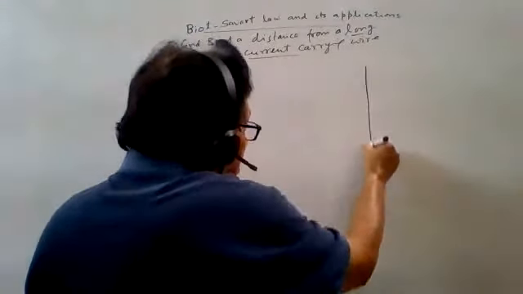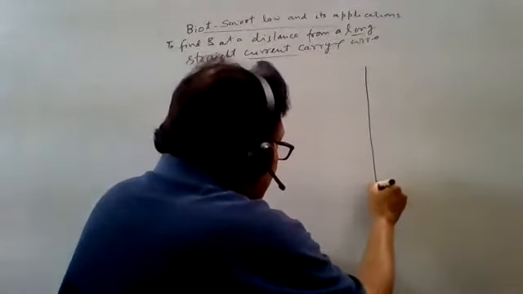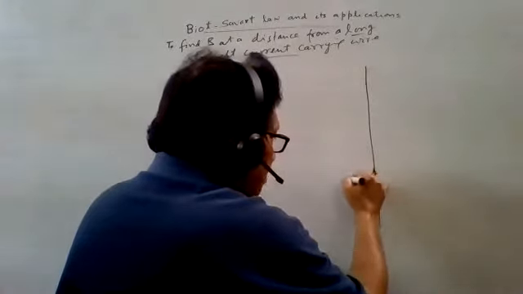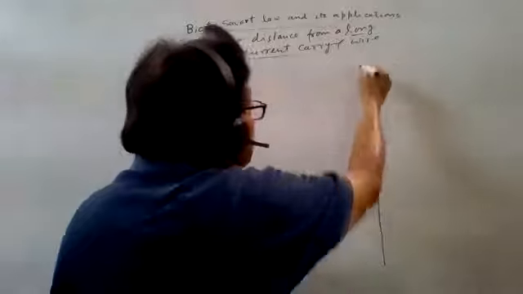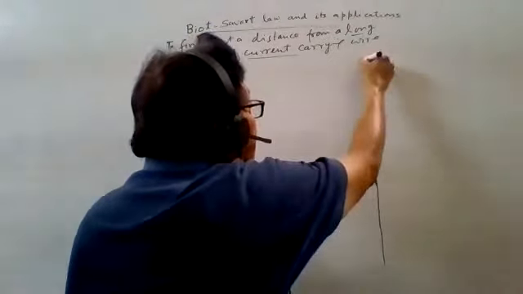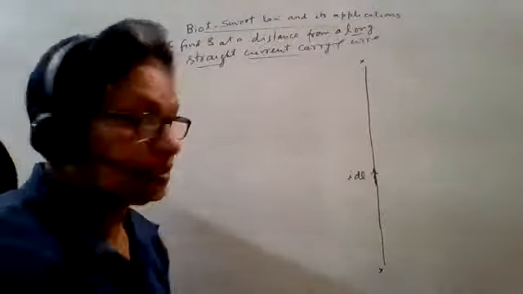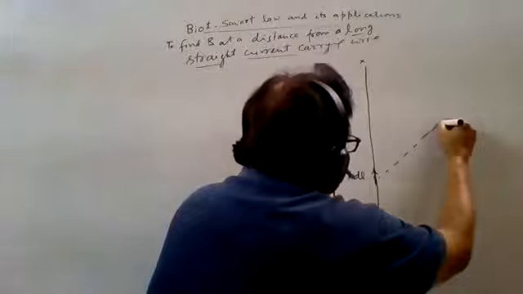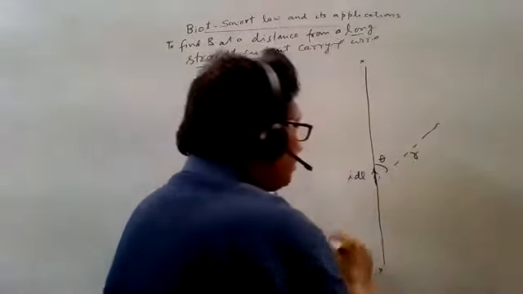This is a very long conductor like this, and suppose here this is the current element, I dl. Suppose XY is the very long conductor, and now this is the situation here at an angle of theta at a distance of r.